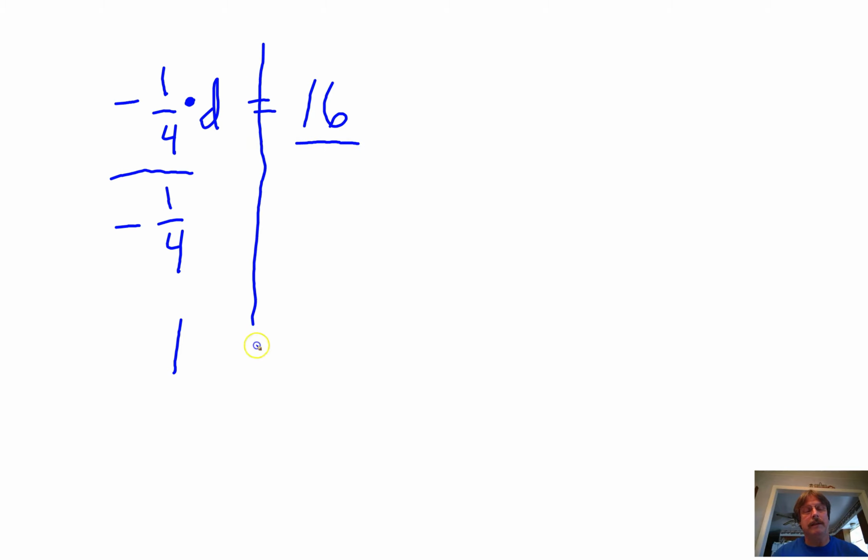So draw my line to separate. So 16 divided by negative 1/4. So if you go through your fractions, okay, I'm going to write 16 over 1, and I want to remember this is a complex fraction, so I'm going to divide that. I'm going to write this in a format that I understand better. Negative 1/4.